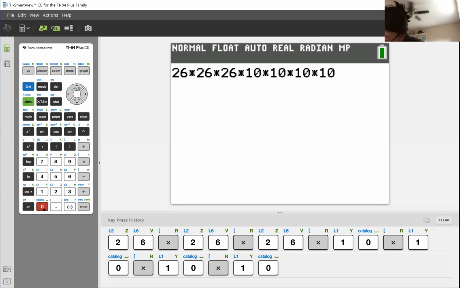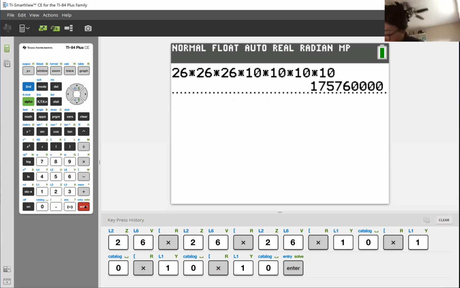Okay, this is the long way to do it, but there you go. 175,760,000, and I'll write that on the page as well.